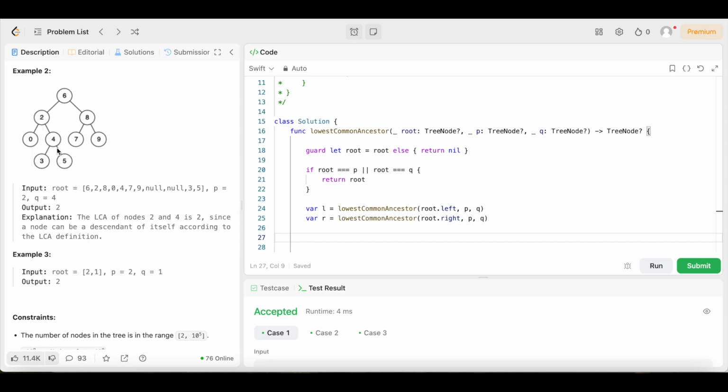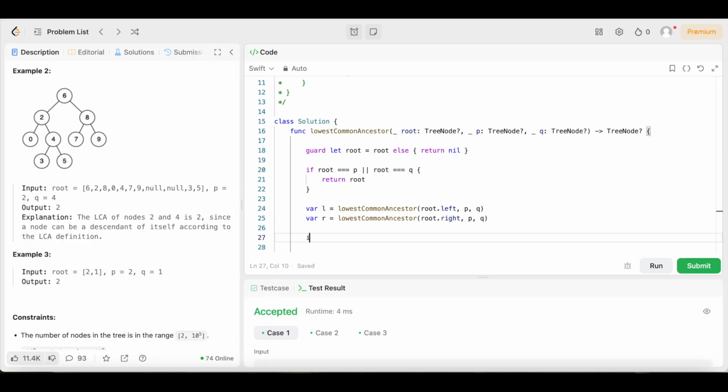Which is similar to example 2. If this subtree was nil, then we know that we only need to search the left subtree. So that's what we're about to handle now. If P and Q are found in different subtrees, then we know we need to search both subtrees, right? So that's what we're going to check.